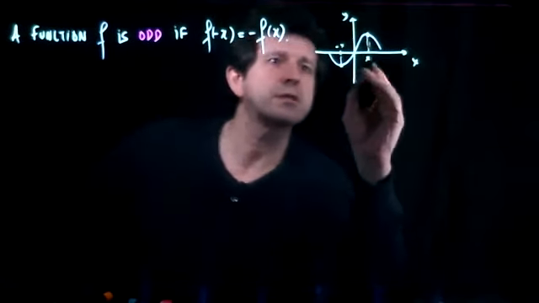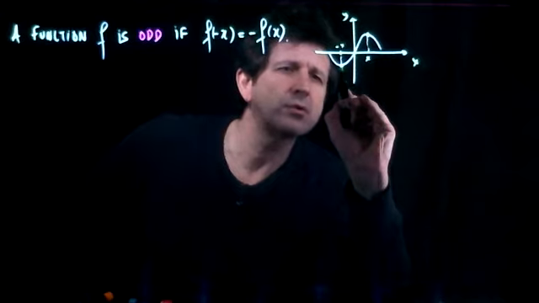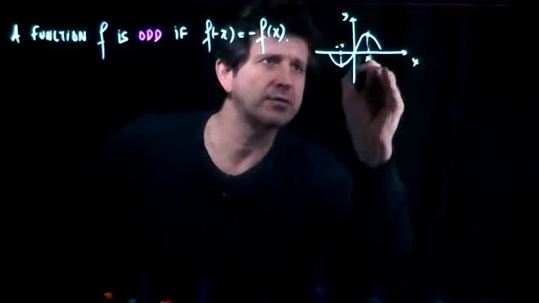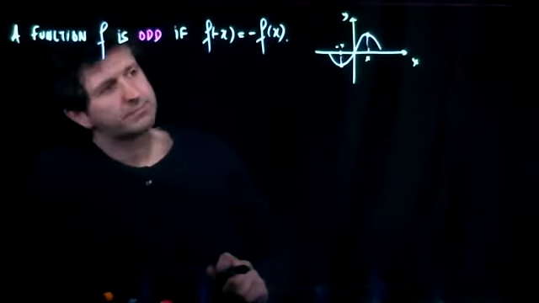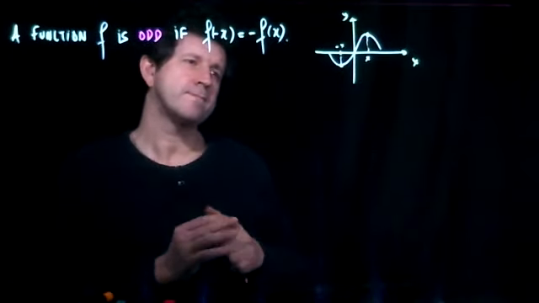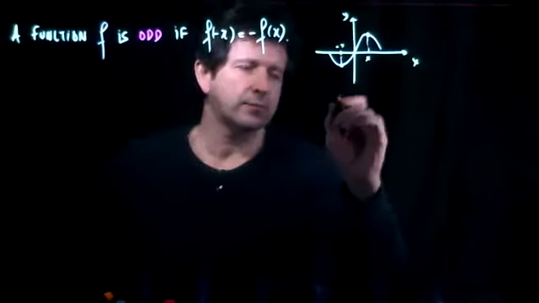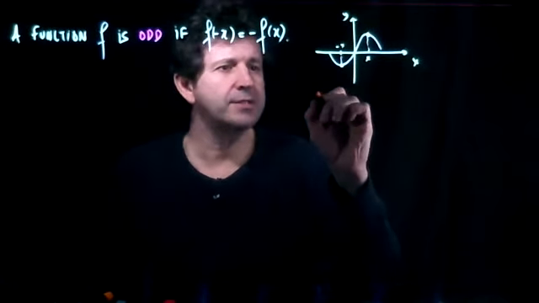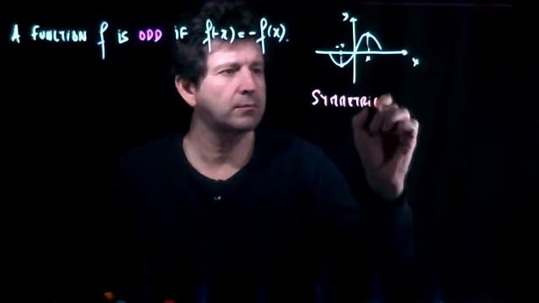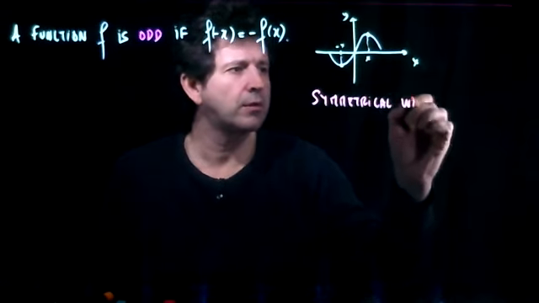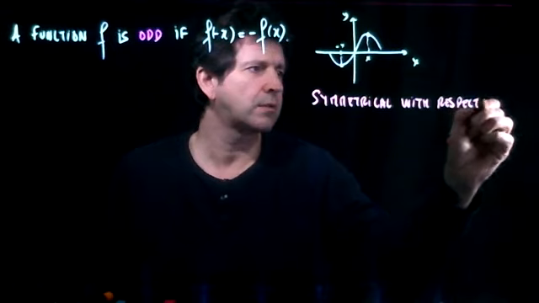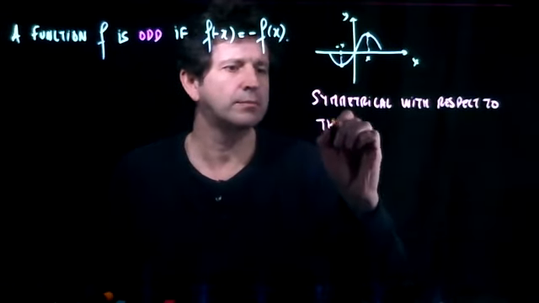So if this was negative 2, well, f of x will be 2 minus whatever you have here. Okay, and the graph is symmetrical with respect to the origin.